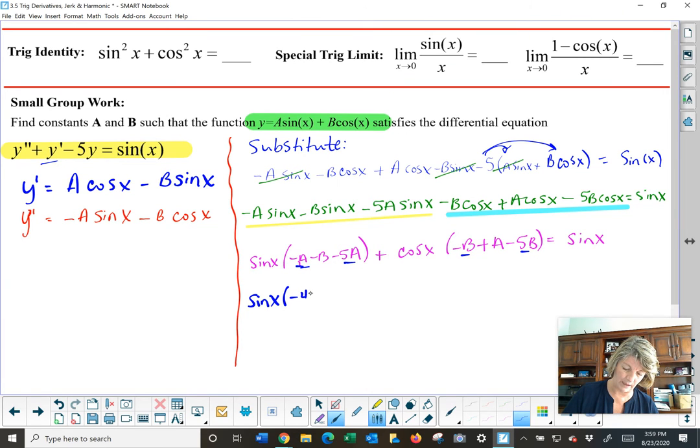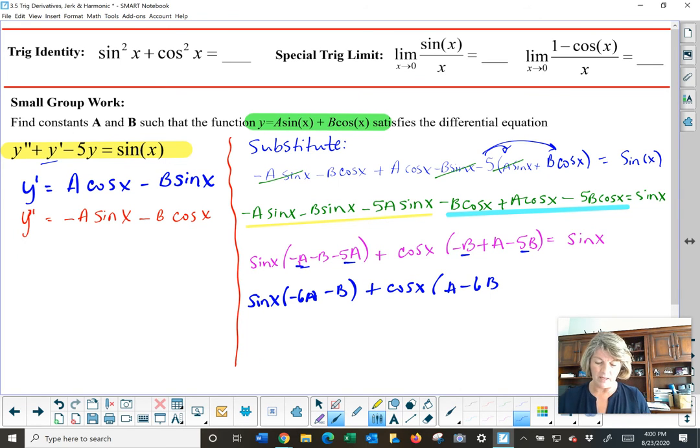So I have negative 4a minus b, plus cosine x, a minus 6b. I just saw that. I thought that looked funny there. Negative 6a, not negative 4a, equals sine of x.